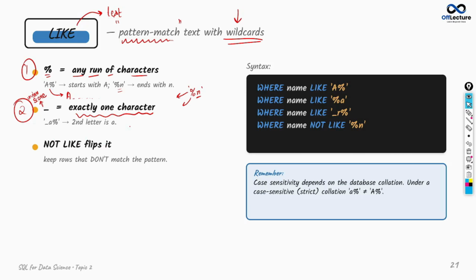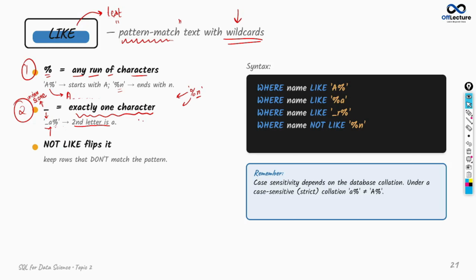For example, if you write within quotes underscore a percent sign, it means a should always be the second letter of your entry, because the underscore fills exactly one character, so the second becomes a, and the percent sign means after a it can have any number of characters.